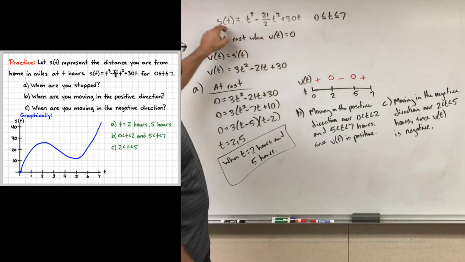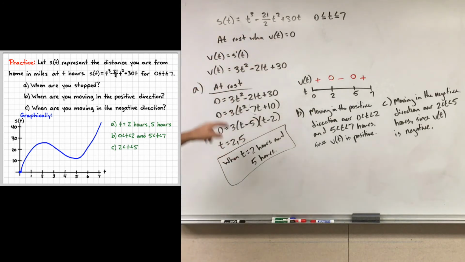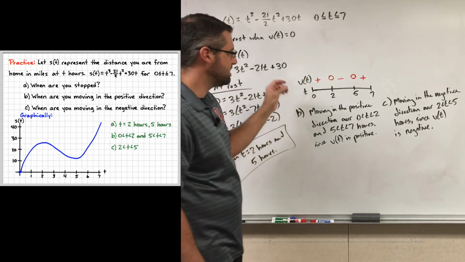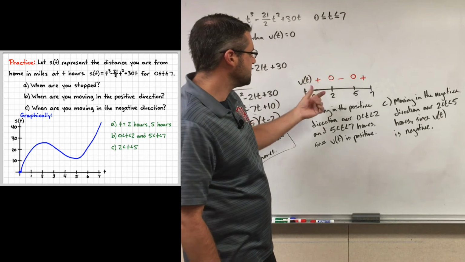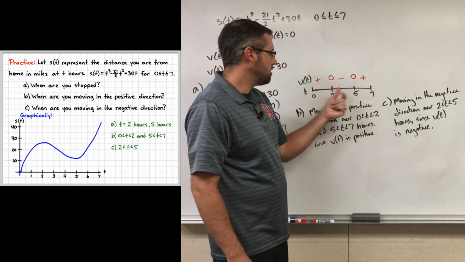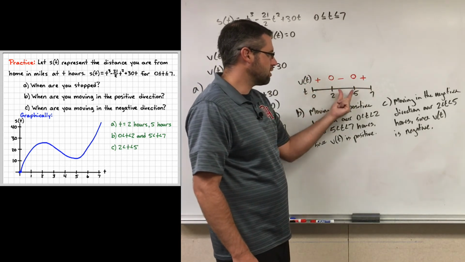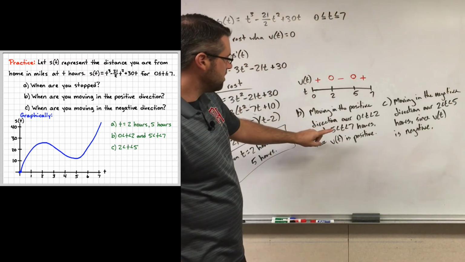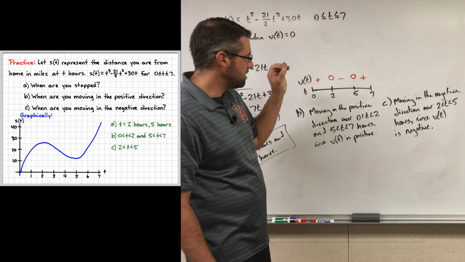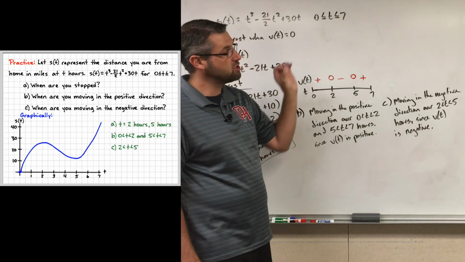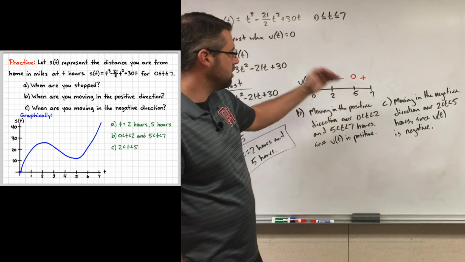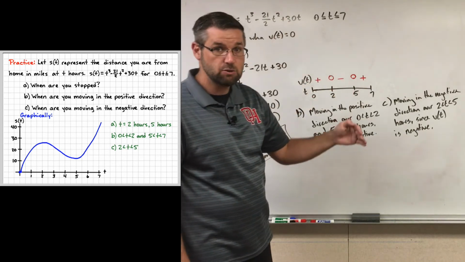Remember, velocity is equal to the derivative, so we took the derivative and set that derivative equal to 0 and solved when it's at rest. Then we determined the signs of velocity over the intervals between the endpoints and the zeros, essentially. And then we can see when the velocity is positive, the particle is moving in the positive direction, or the function is increasing. And then when the velocity is negative, we know that the position is decreasing.